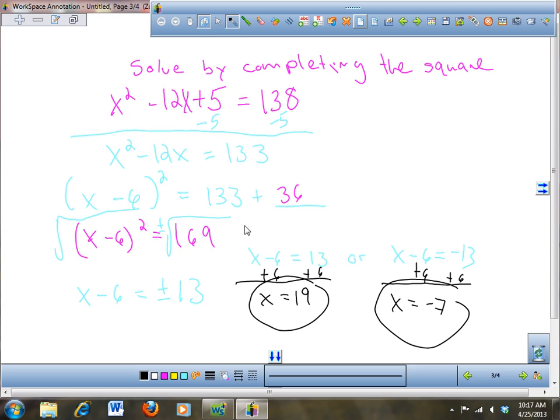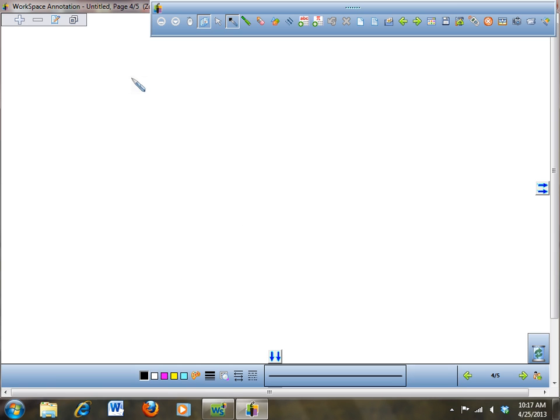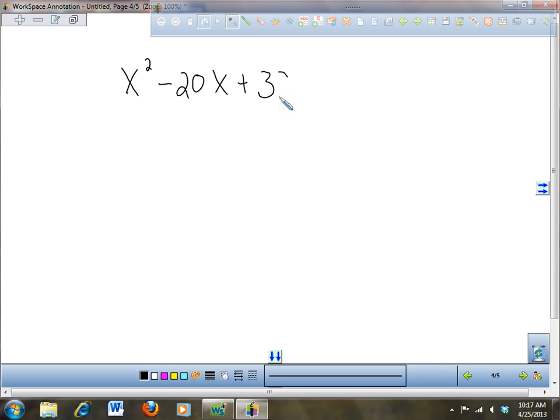Okay. Solve x squared − 20x + 32 = 0 by completing the square. Solve by completing the square.